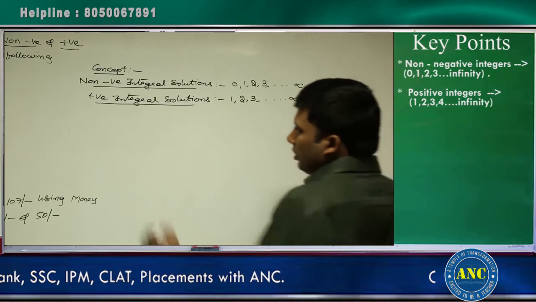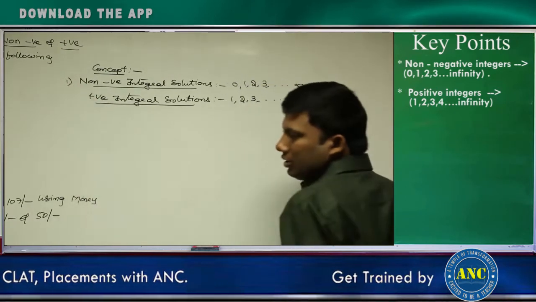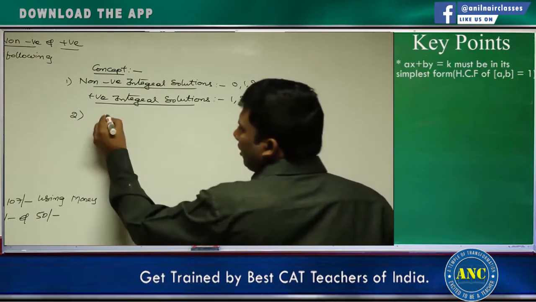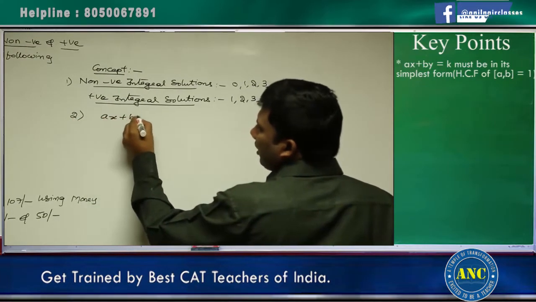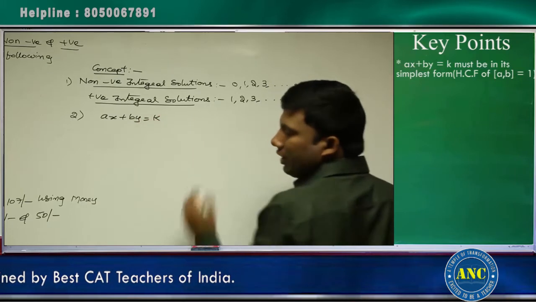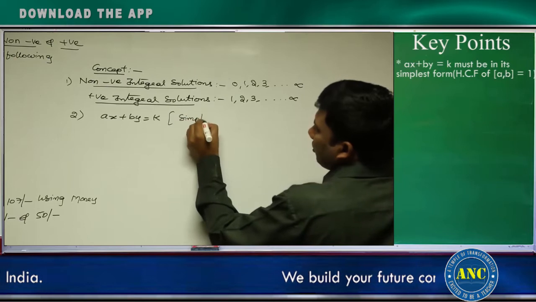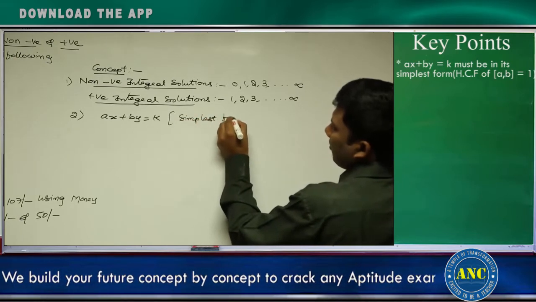This is the first point. Second point: if the equation is of the form ax + by = k, it should be in its simplest form.